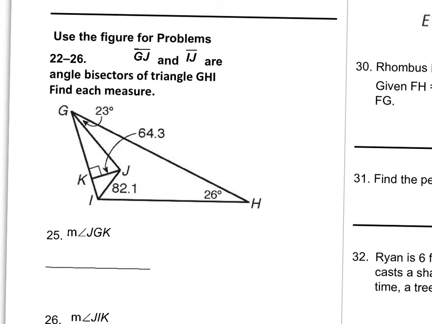So we're looking for the measurement of JGK, which is actually very easy because they already gave us the other side of this angle, which is JGH, which we already know. And these two are equal since we have an angle bisector. So we know the measurement is 23 degrees.